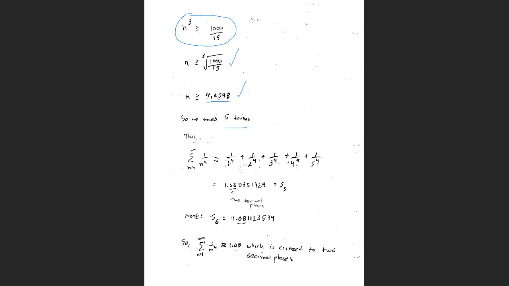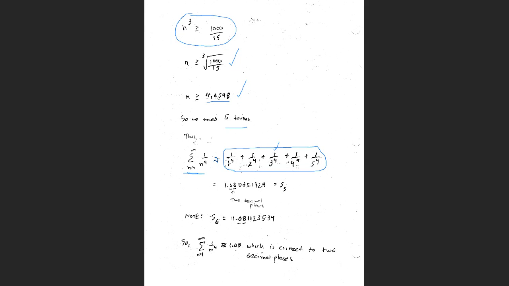And so what we do then is we add the first 5 terms of the series. Our infinite series is approximately equal to the sum of the first 5 terms of the series.